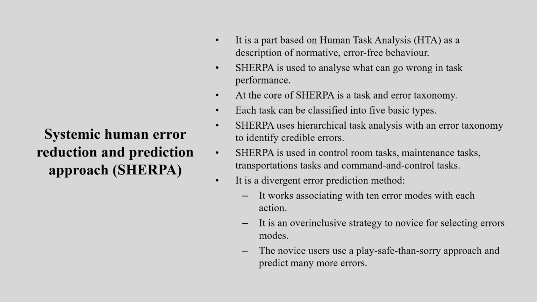So it is a divergent error prediction method. It works by associating 10 error methods with each action, every action associated with 10 errors. It is an over-inclusive strategy for novices selecting error methods, and a novice user, like many of us when we start our research work, is really not an expert. So for those cases, a play-safe-rather-than-sorry approach: let us do it, and if we go wrong, we can come back again and redo it.